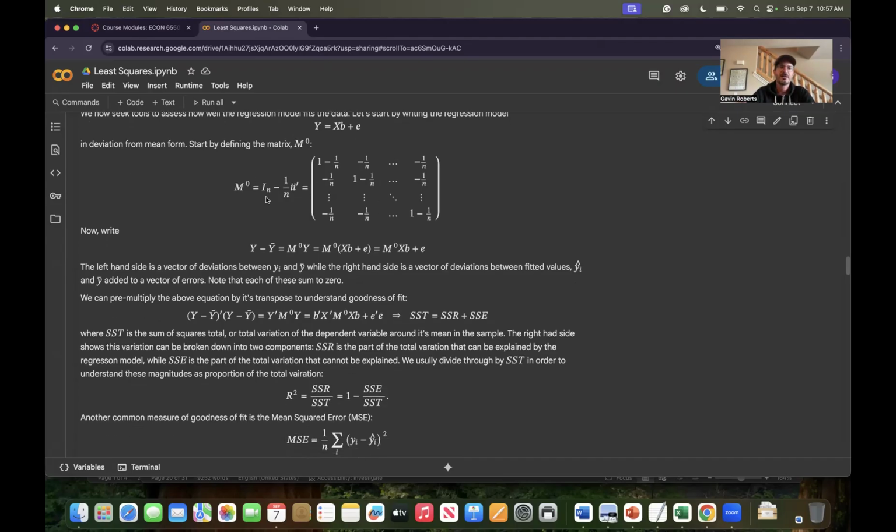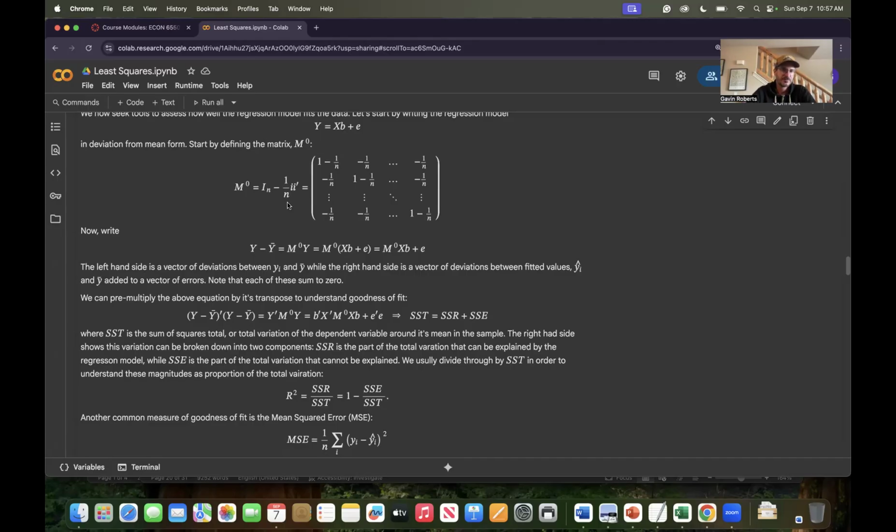So M naught is the identity matrix of size n, an n by n matrix with ones down the diagonal, minus 1 over n times the unit vectors, i i prime.